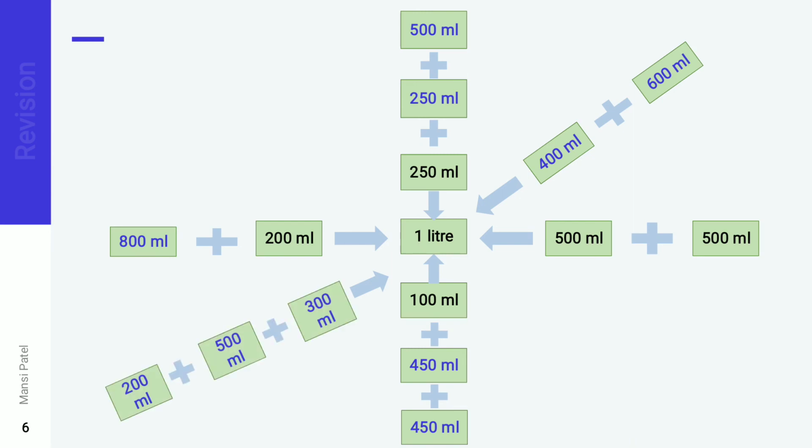Now in the next one, 200 milliliter plus 500 milliliter is 700, and 700 plus 300 is 1000 milliliter. And we know that 1000 milliliter is equal to 1 liter. So these are the different ways to make 1 liter.